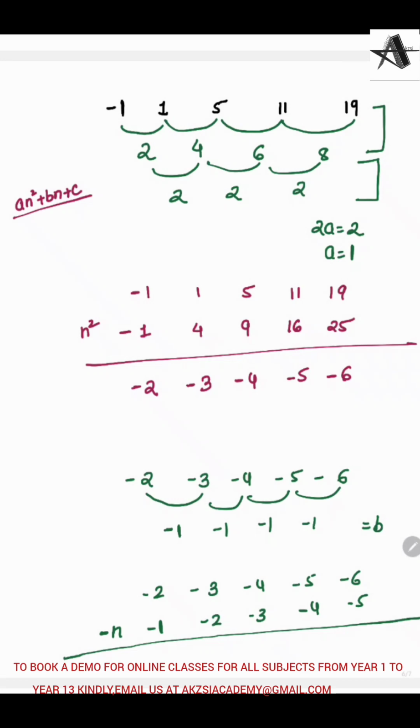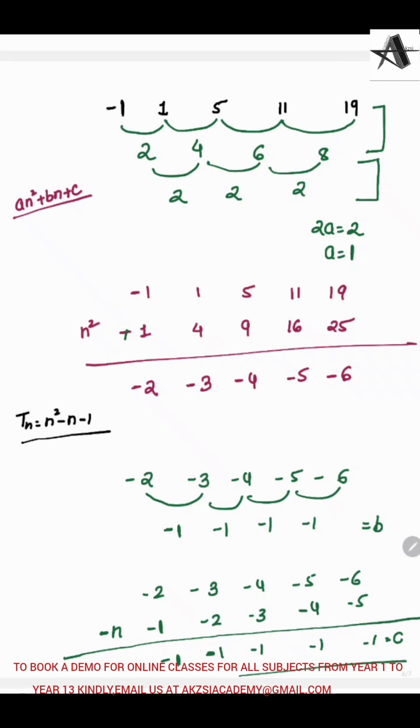Minus 2 minus minus 1 is minus 1, minus 3 minus minus 2 is minus 1, minus 1, minus 1, minus 1. That is your c. So we are done with calculating a, b and c. A is 1, b is negative 1, c is negative 1. So put it here, it comes out to be Tn is n squared minus n minus 1.